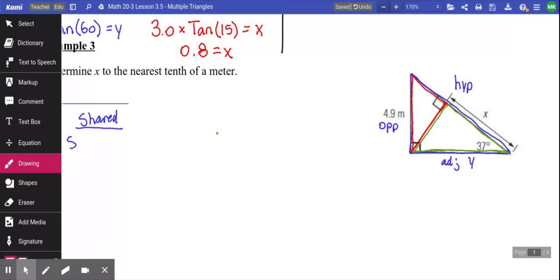we do Sohcahtoa. We put check marks under O and A because we know our opposite. We want to know our adjacent. And we use our tangent formula.